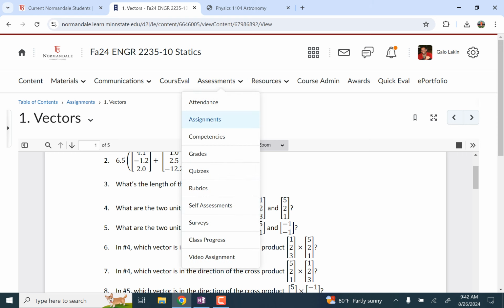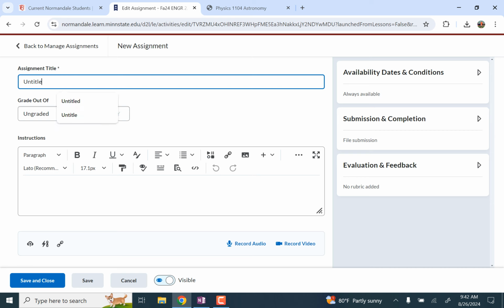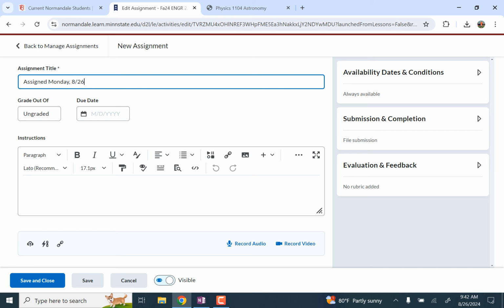When you're done with it, take pictures of your work or scan it in a scanner, and then you're going to put it in the appropriate folder here. Let me just make this folder now so you can see what it looks like. So this is going to say assigned on Monday, 8/26.